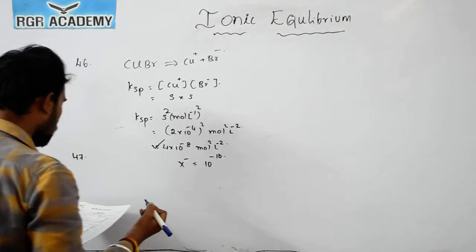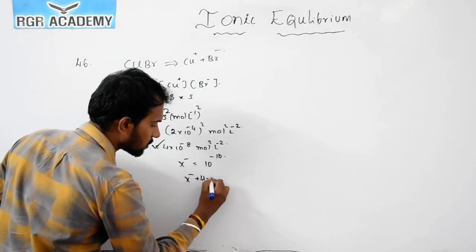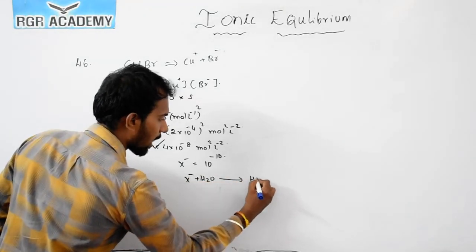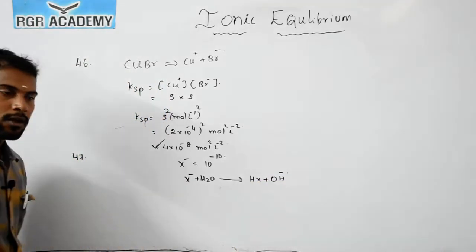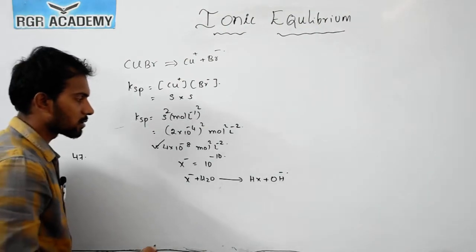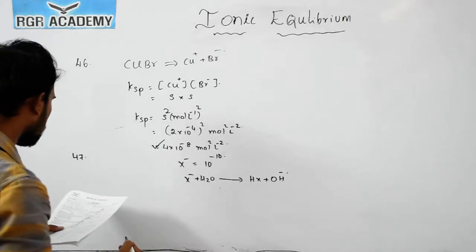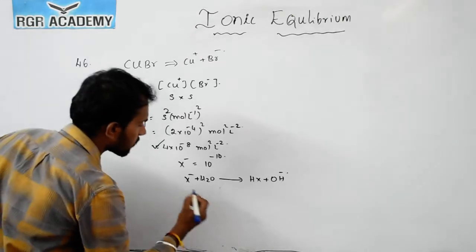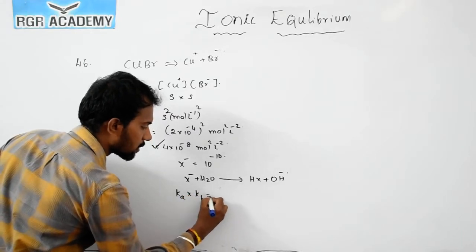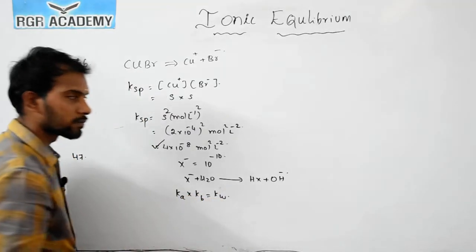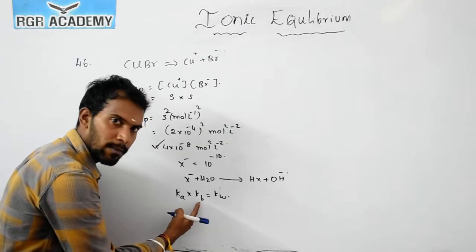Now see this one, the X minus reacts with H2O, it forms HX plus OH minus. The Kb is 10 power minus 10. Now see this one, so we can say that Ka into Kb is equal to Kw.